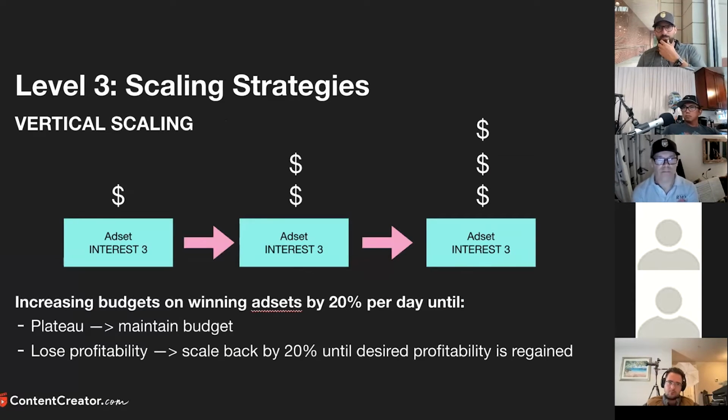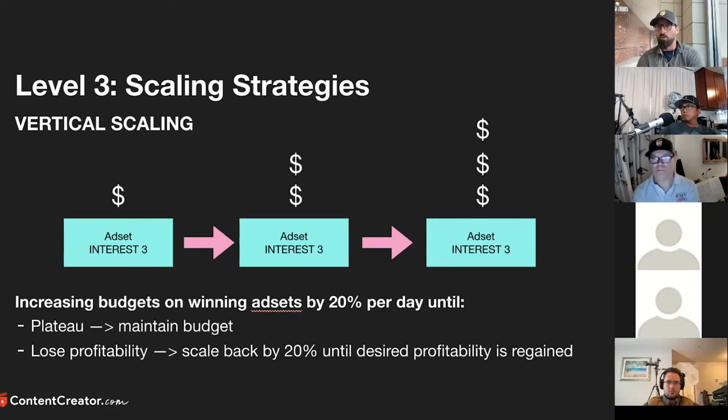All right. So level 3 is where we can start getting into vertical scaling. And this is what most people follow. The general rule for Facebook is you want to scale your ad sets by 20% per day. But that doesn't really matter that much. It's just people need rules.